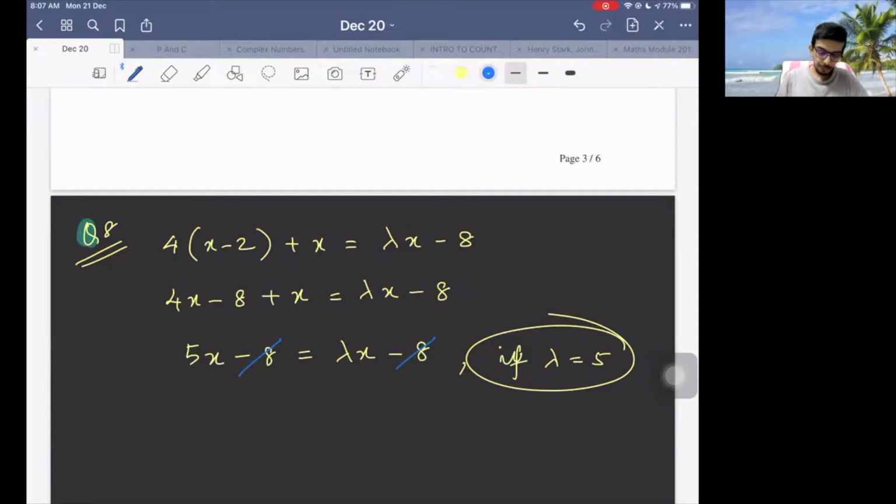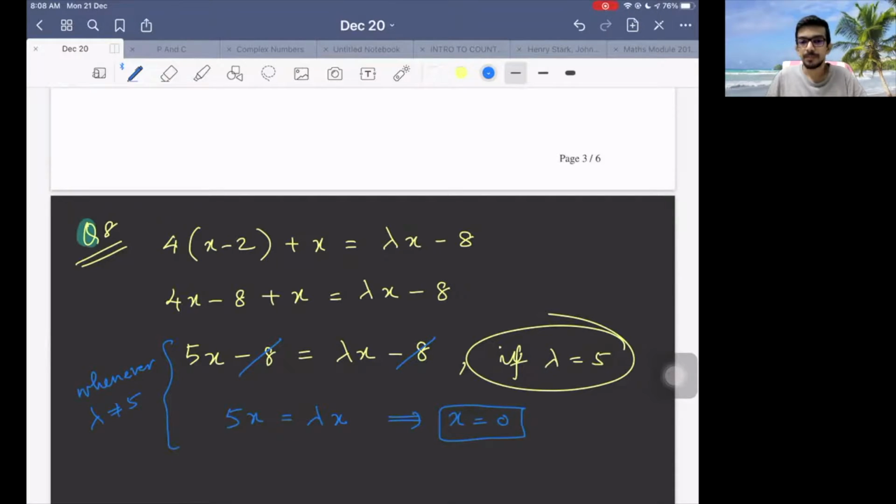Now as long as lambda is not equal to 5, 5x is equal to lambda x will result in a unique solution being x is equal to 0. x is equal to 0 will be a unique solution, right? So whenever lambda is not equal to 5, you can just write x is equal to 0 as the unique solution, right?